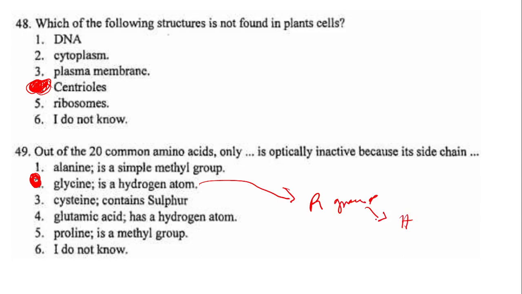This means that it is optically inactive, because for an object to be optically inactive, it means that there is no chiral carbon. So for the concepts about this, you can check out my notes on carbohydrates, where I talked about stereoisomers. Yeah, so that's the part.